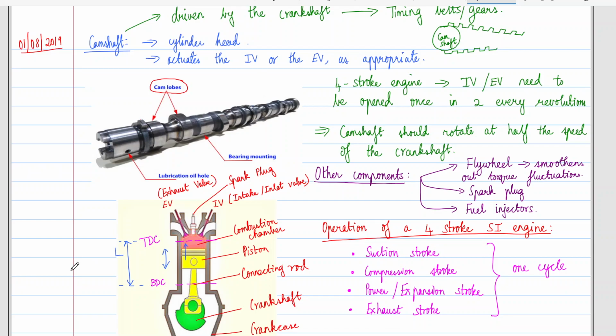Okay. So you're saying that we have three rings, right? And is there any difference, like different automobiles having different numbers of piston rings? Yes, sir.